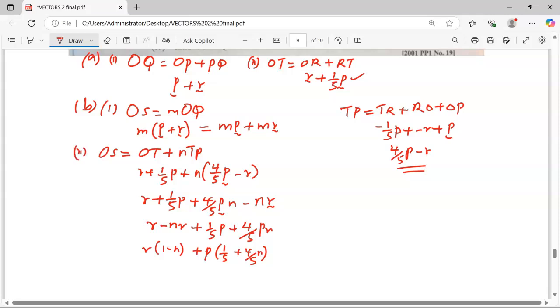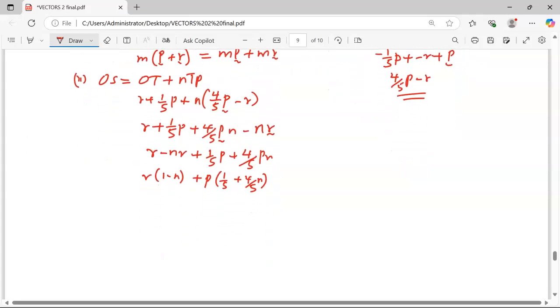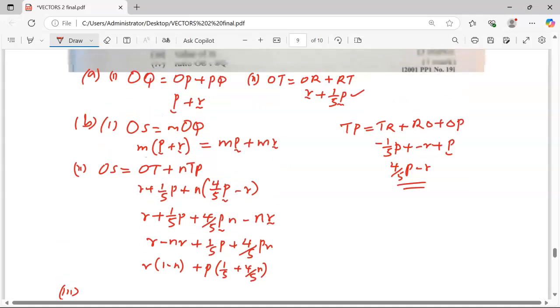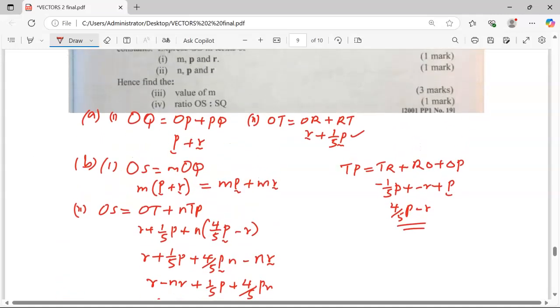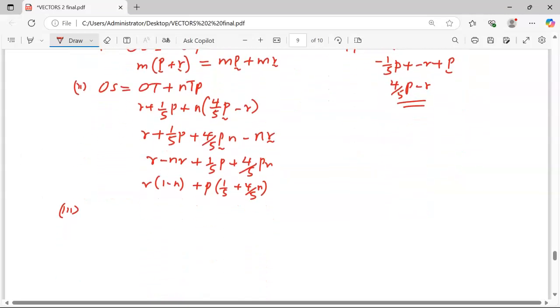We are ready to go to Roman 3 of part B, where we are supposed to find the value of M. For us to get the value of M, we are going to equate OS to OS. That is, OS1 will be equated to OS2.